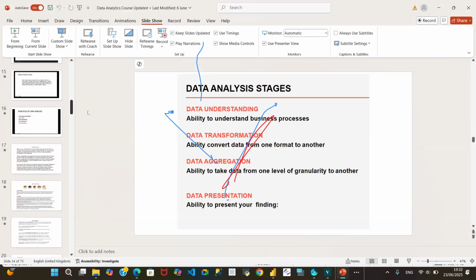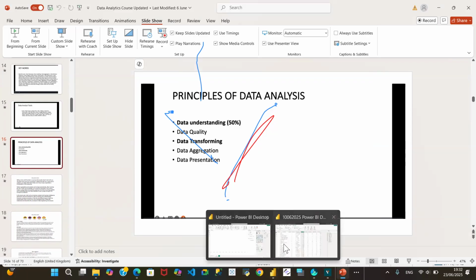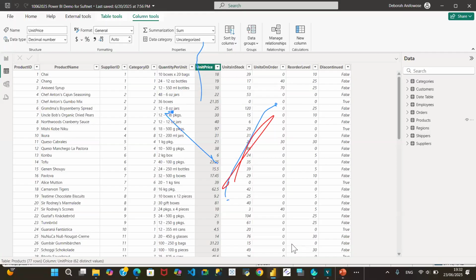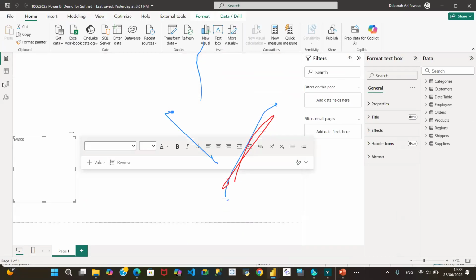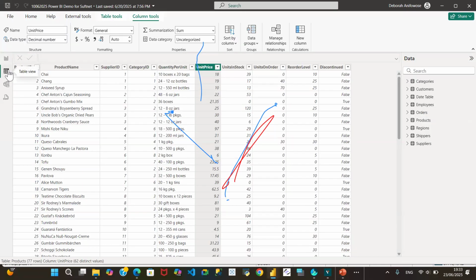I'm looking for, yes, this one. You see, if we say principles of data analysis, number 1, data understanding, 50%. So immediately you get the data set that you are working with, you will spend a whole lot of time going through each table and making sense of them.